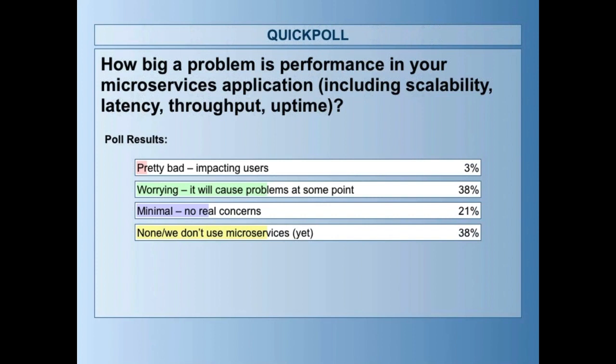And a couple of people here are having it impact their users, but most are not experiencing very extreme problems. So that is encouraging. And about 38 of you are not using microservices. So that's excellent to hear as well. You can hear a little more on what we have when we talk about microservices as well.